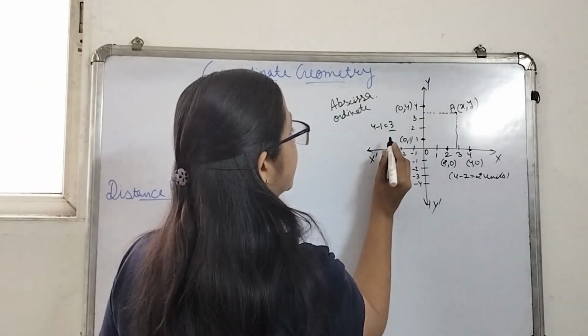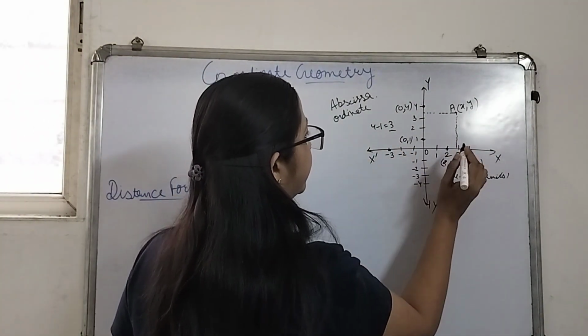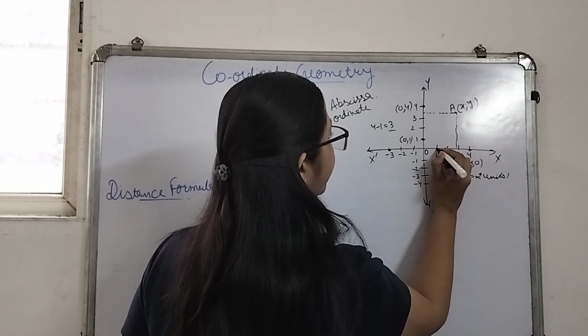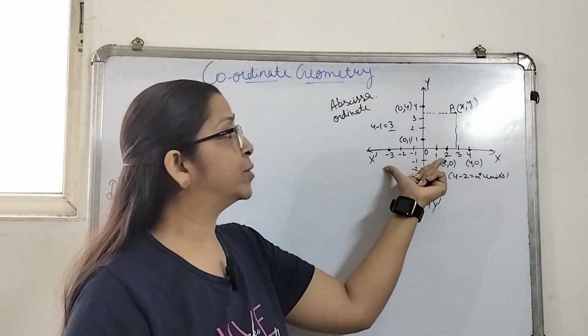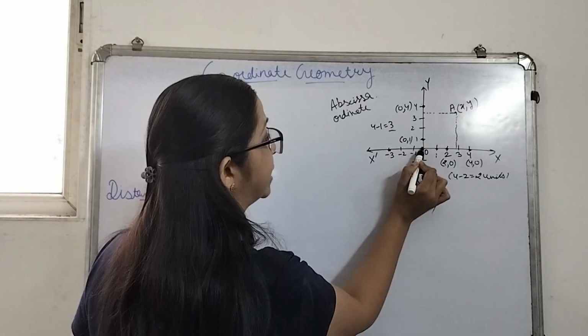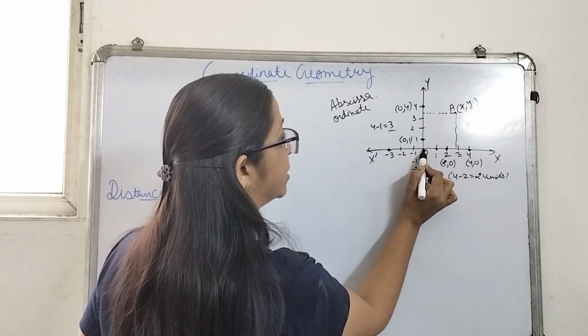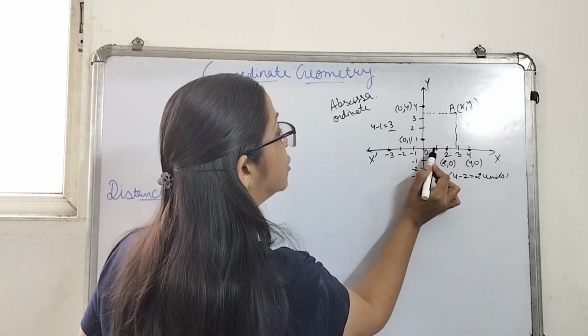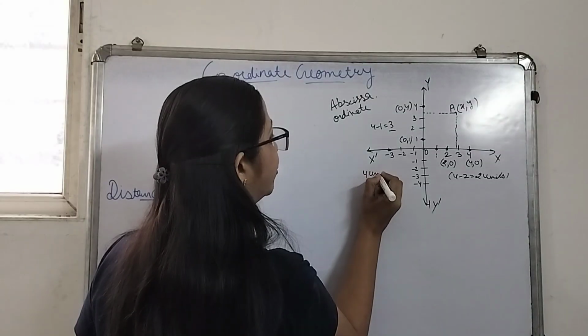Similarly, suppose there is a point at minus 3 and another point at 1. From 0 to minus 3, it is 3 units, and from 0 to 1, it is 1 unit. So in total it will be 4 units.